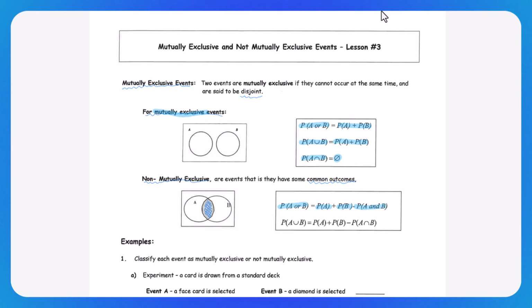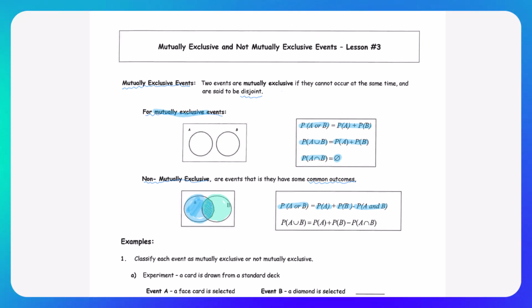Because the probability of A is going to count everything inside this circle right here. Then we have the probability of B, which is over here, and that means we've counted the probabilities twice right here in the middle. So if we do not subtract one of the intersections, we'll have counted it twice.